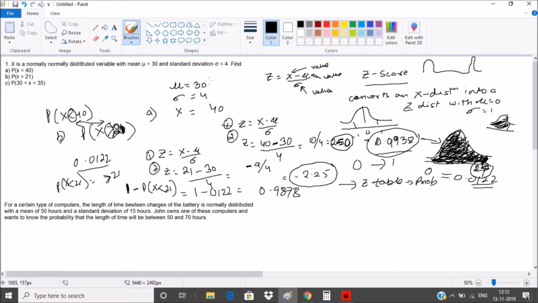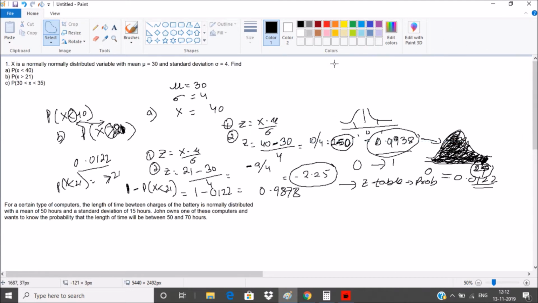So what this comes to is, if you draw it in a diagram, the probability of x being more than 21 is 0.9878, so 21 has to be somewhere around here, for it to have a very high probability associated to the right.